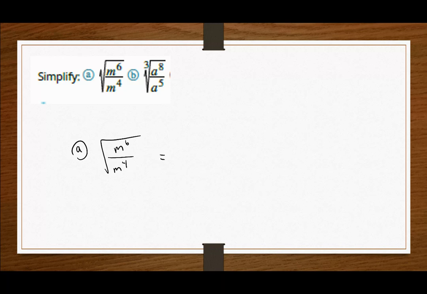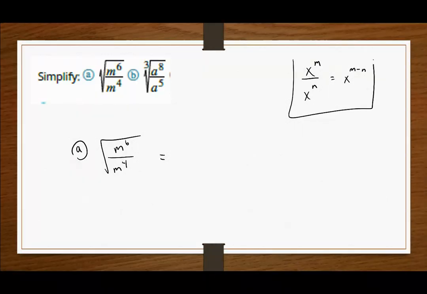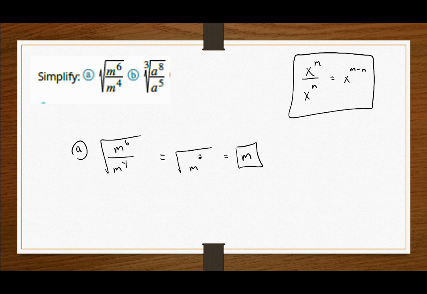If you have the same base for exponents, our heuristic for finding the solution is just to find the difference. So I can actually reduce the problem here to just the square root of m to the 6 minus 4, or m squared. What raised to the second power gives me back what's under the radical? Well, just m. And so I get a solution pretty quickly here, and I don't actually have to find the answer using the quotient rule.